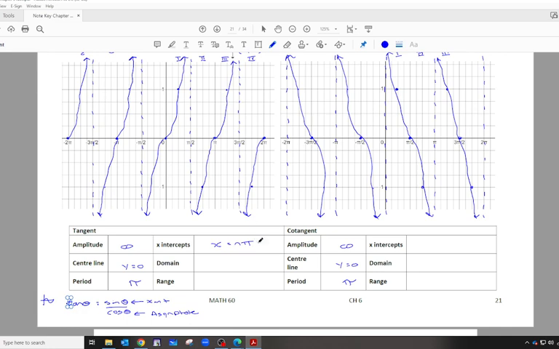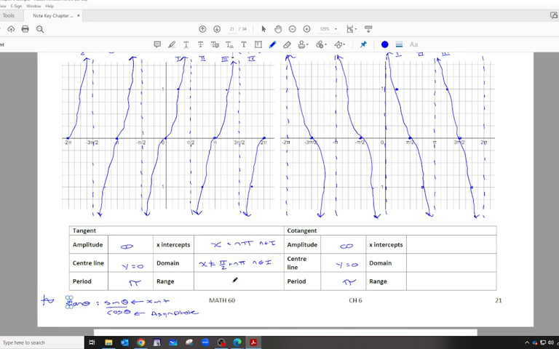But then my domain is everything except where cosine is equal to 0. Now cosine is equal to 0, if you remember, it starts at pi by 2 plus n pi, where n is an element of the integer system.